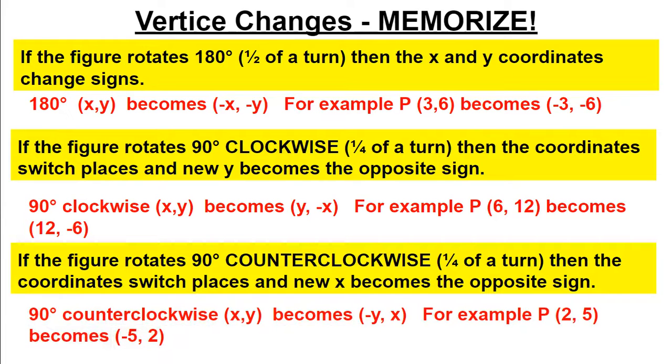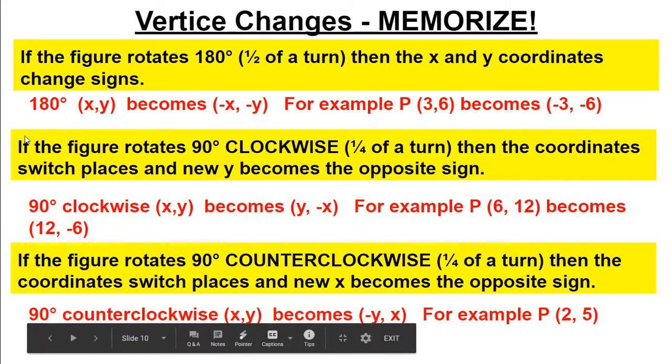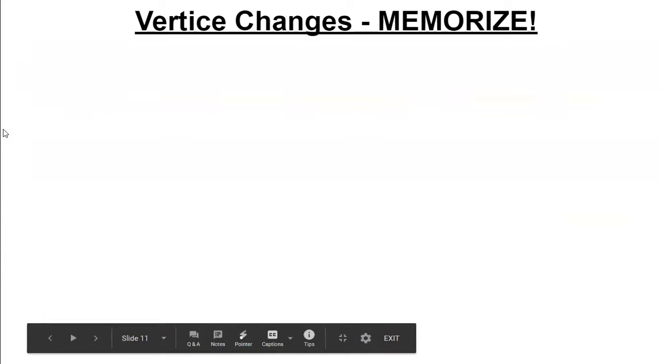You're going to switch places. Y is going to become X and X is going to become Y. And then the Y value is going to become negative, or the opposite of what it was. So we have an example of P equaling 2, 5 down here at the bottom. It's going to switch places, and then 5 is going to become the negative, and 2 is going to stay the positive, or whatever it was before.